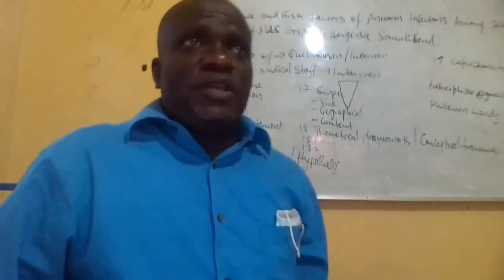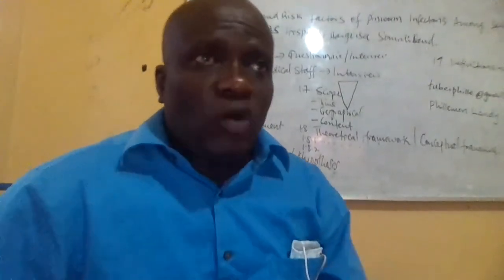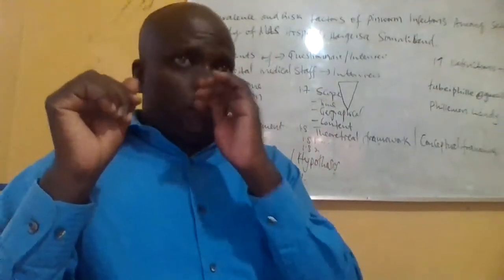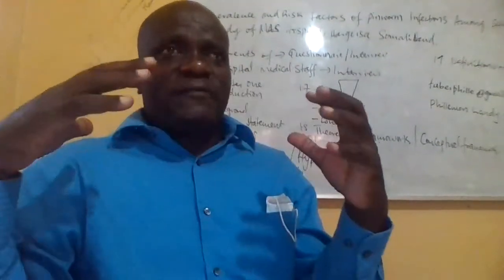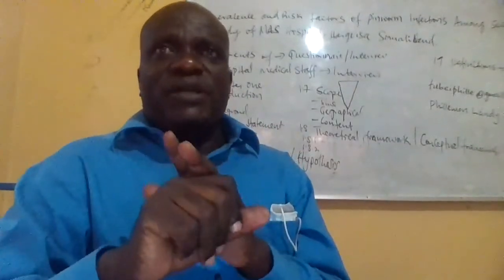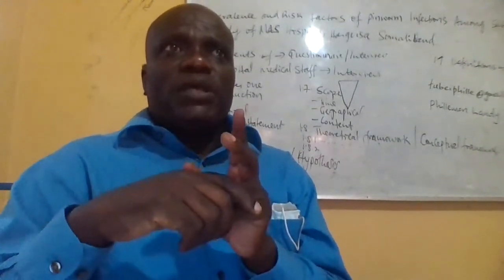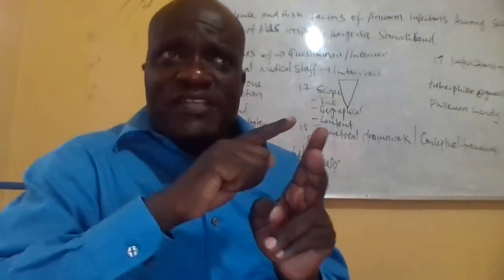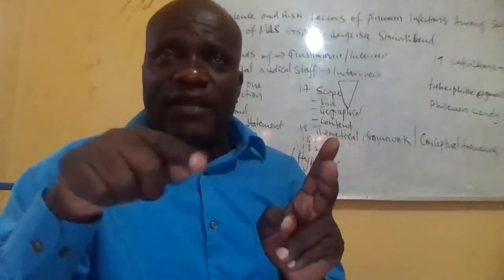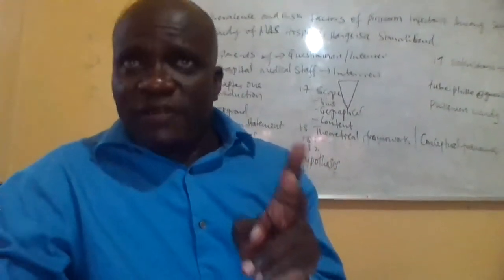So what am I saying in a nutshell? I'm saying that when you are constructing your objectives, come up with about 4 or 5 objectives alone. Objective number 1 should be about demographic characteristics of respondents. Objective number 2 should be establishing whether there is a relationship between the IV, independent variable, and the dependent variable.